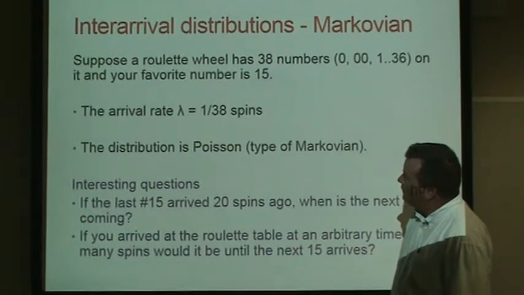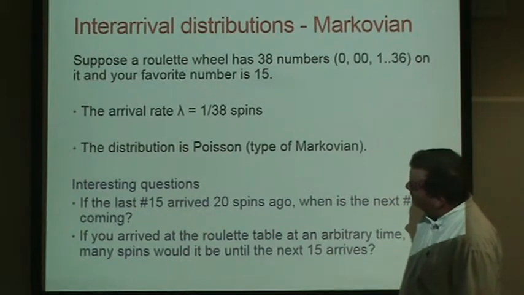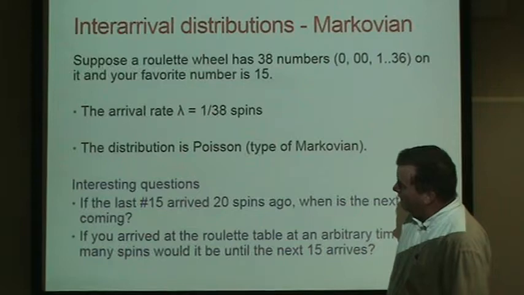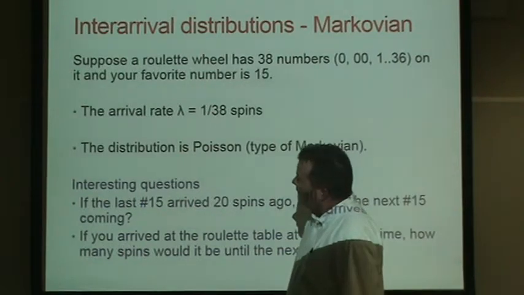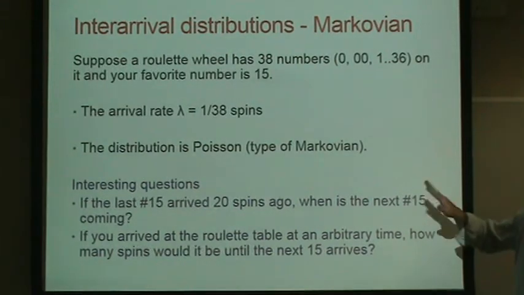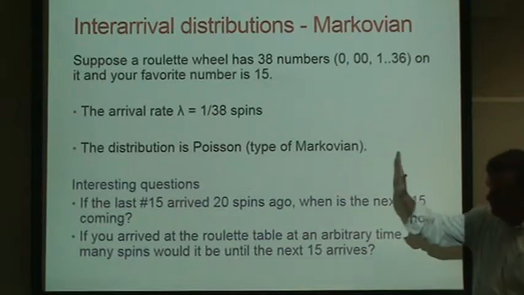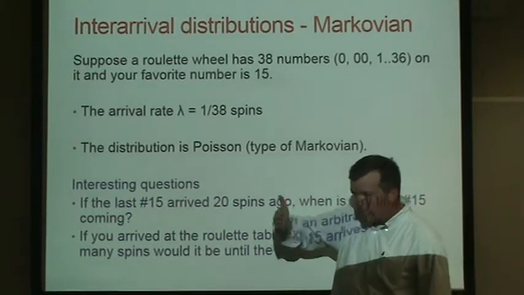Okay, so now if we were to look at the service distributions, we're looking at the inter-arrival distributions, but we're now going to look at the other extreme, the opposite of being perfectly scheduled.